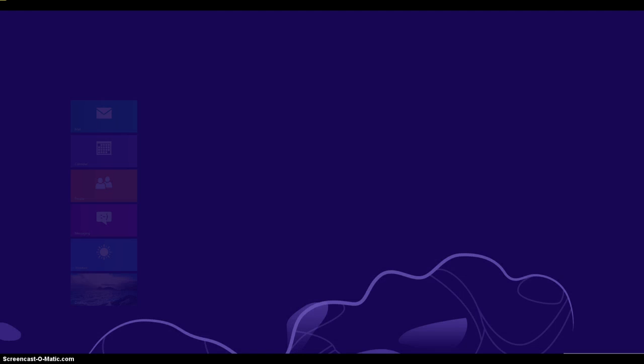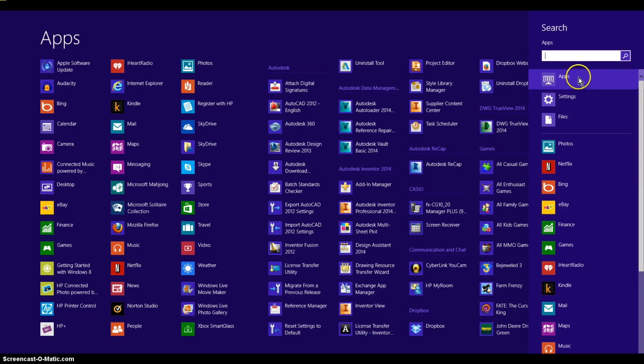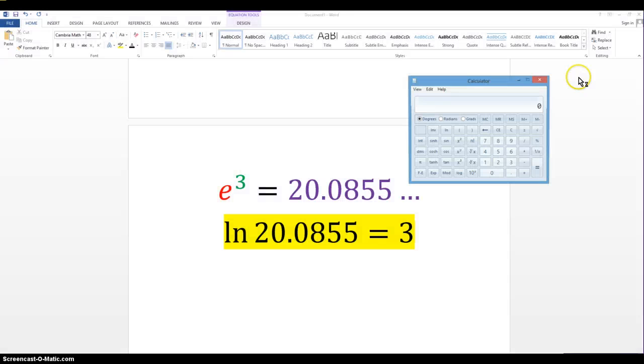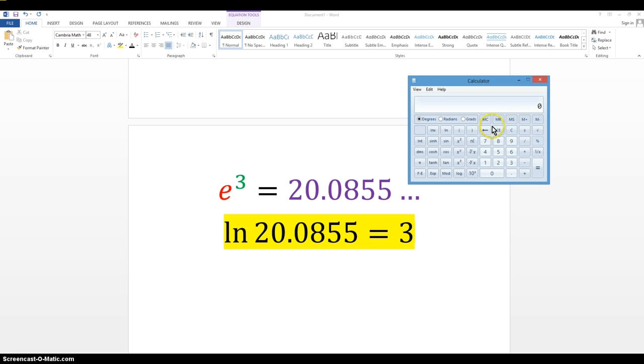Alright, let me double check. I'm going to type that in the calculator, and you should get something close to what it's saying. I have to type in my number first, 20.0855, and then click my natural log button, because this one has to be done backwards from y'all's calculator.